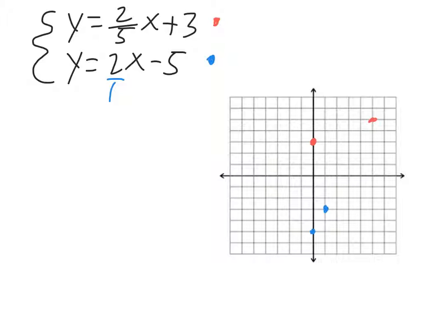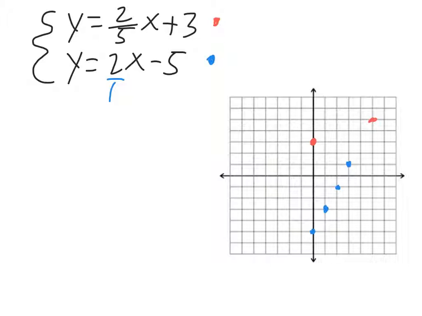Remember, the slope of this line is 2 over 1. So we went up 2 over 1. Now from this point we want to go up 2 over 1, so we plot a point there. Then from that point we go up 2 over 1 and plot a point there.